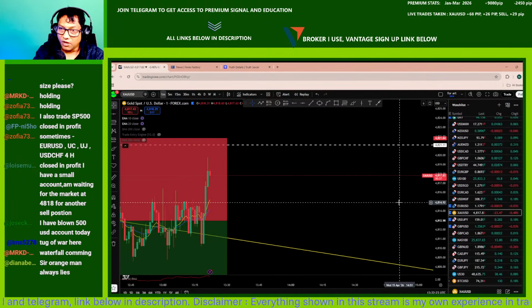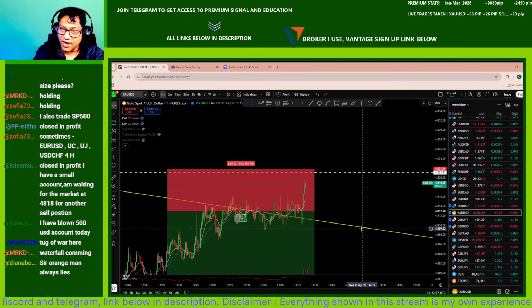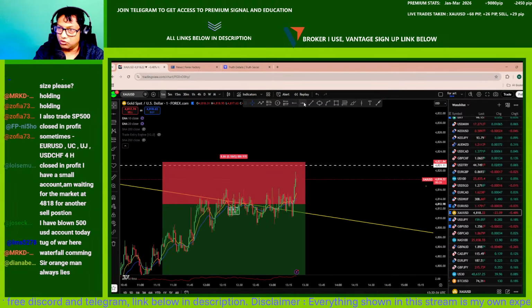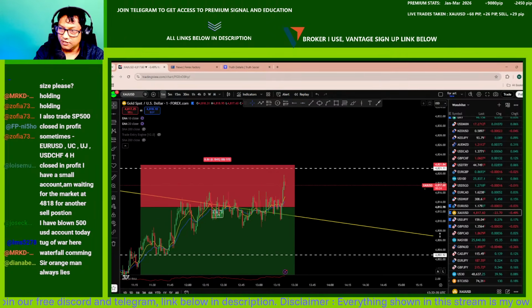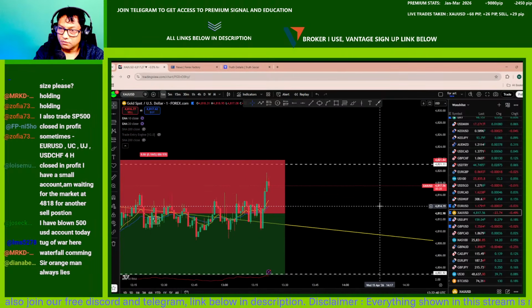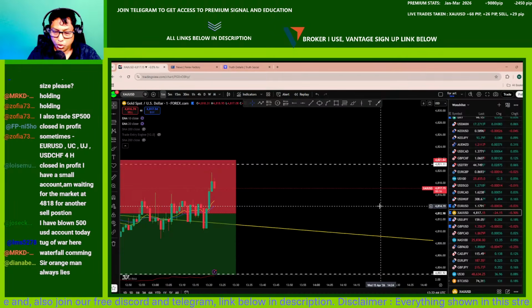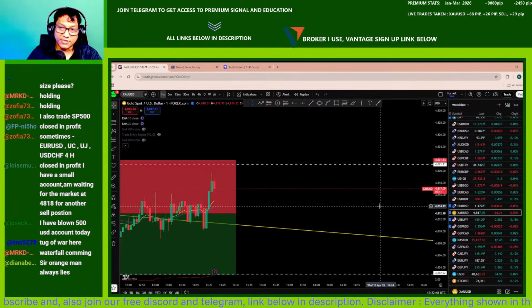However, if we see a short-term drop here, that might bring the market further lower. The market might bring this price back below in that area. We'll see where it is heading.